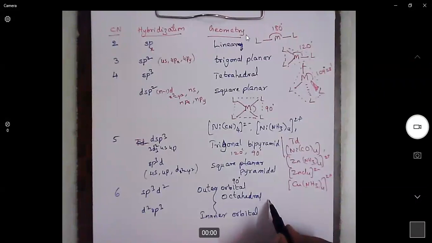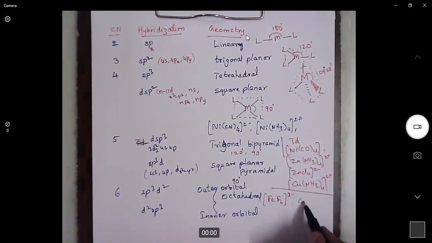For outer orbital complexes: [FeF6]3-, [Co(H2O)6]2+, [Ni(NH3)6]2+.